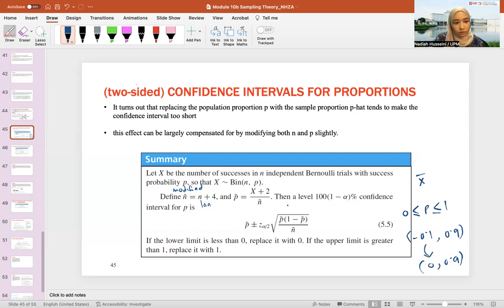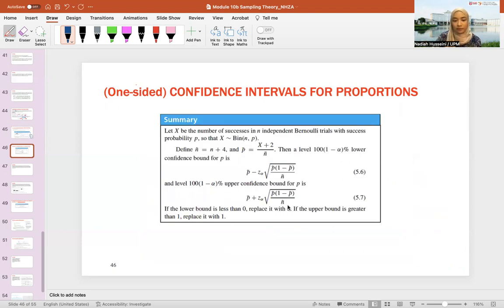Okay, so let's try to do some examples regarding this because it looks a little bit confusing. So this is for the one-sided confidence interval. Of course, it's just the same concept as your sample mean. Previously, we were talking about two-sided, so your z score was alpha over 2. But for one-sided, your z is just alpha.